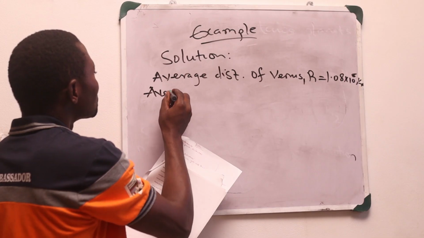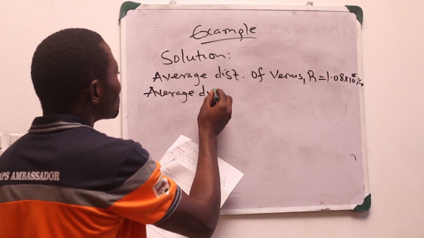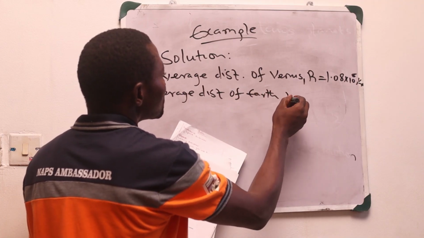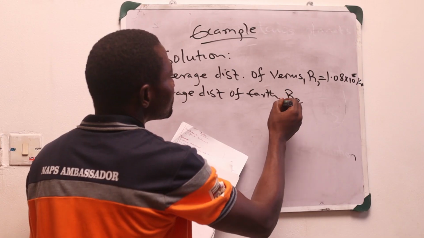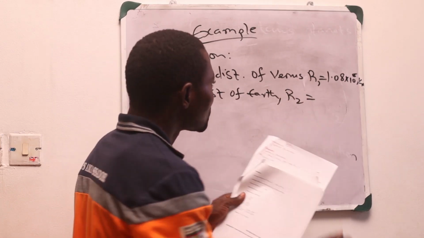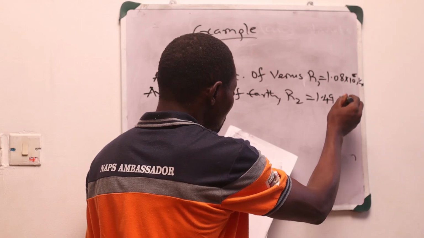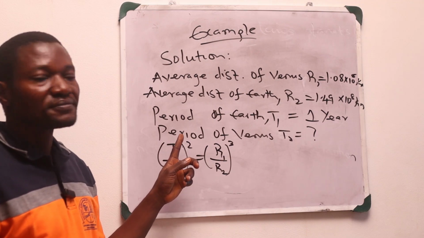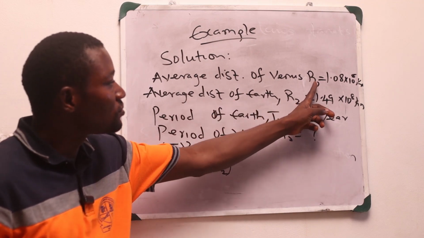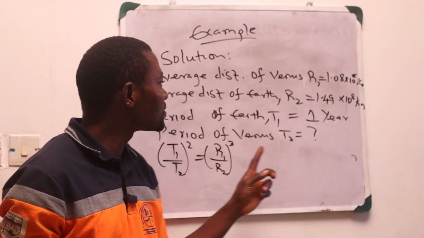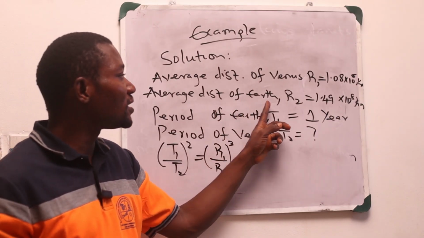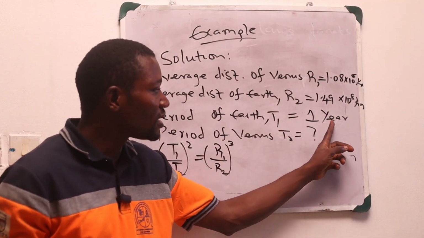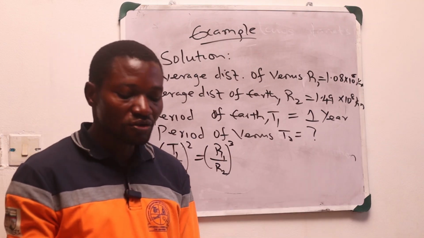Average distance of Earth, let's call that R2, is equal to 1.49 times 10 raised to power 8 kilometers. In this example, these are the given parameters. Average distance of Venus, R1, is given as this. Average distance of the Earth, R2, is given as this. Period of the Earth, T1, 1 year. Period of Venus, we don't know it.